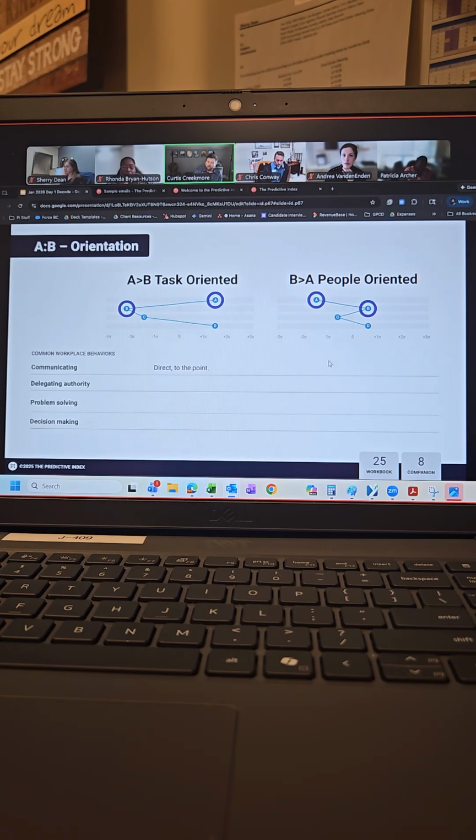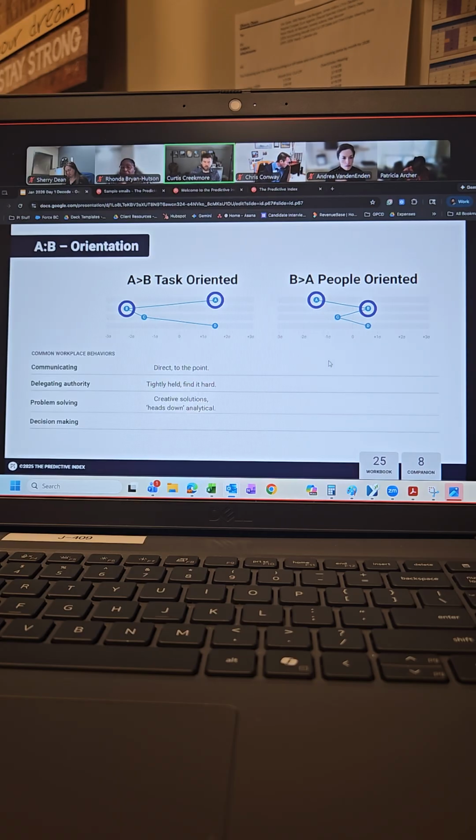When it comes to delegating authority, they find it difficult. Because they like to have that control over how things are going, it can be difficult for them to give up authority to other people. They're focused on getting the task done, and they're probably going to do it their way.